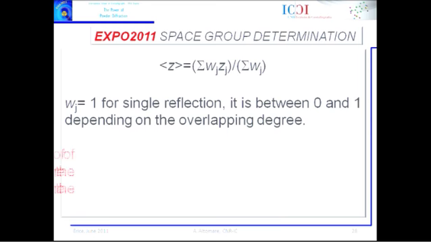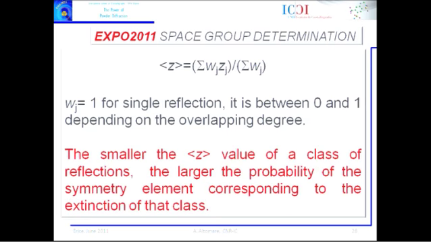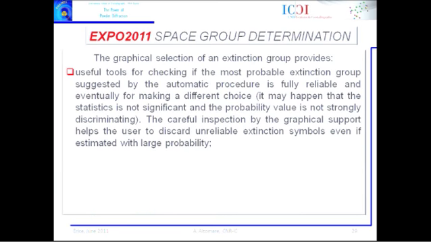The conclusion is that the smaller the average Z value, the larger the probability associated to the symmetry element. Moreover, the space group determination procedure by EXPO 2011 provides some very useful graphical tools which give the user the possibility to accept, to validate, to confirm the automatically obtained extinction rule or to reject it.